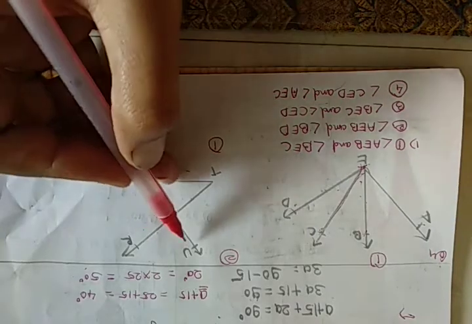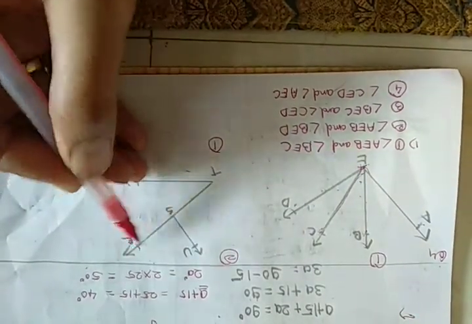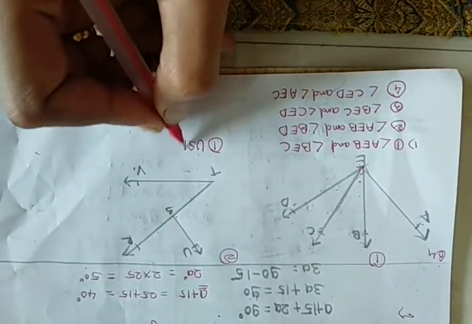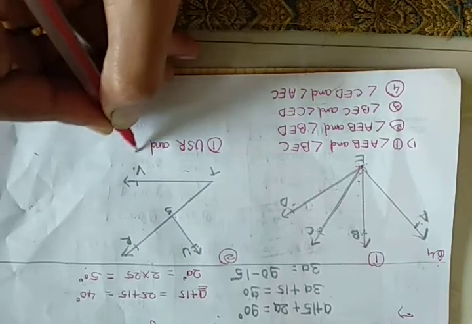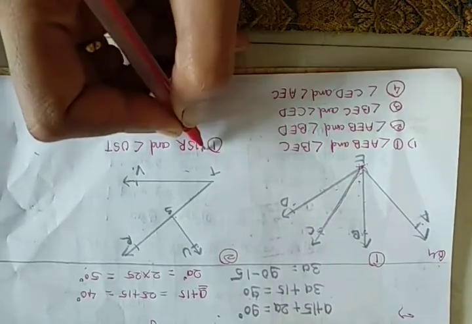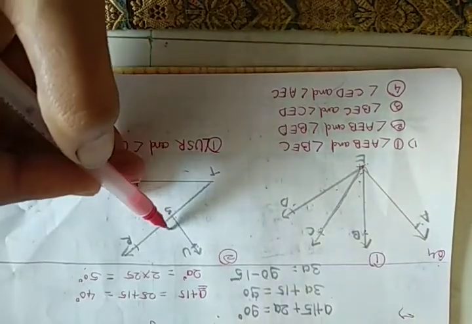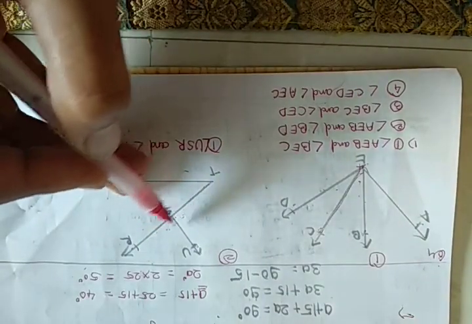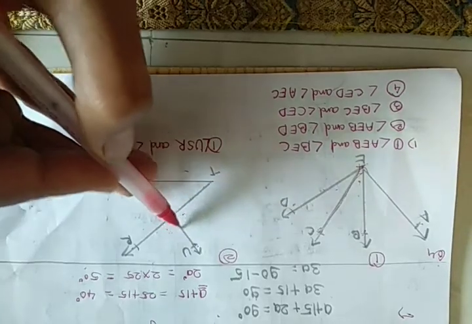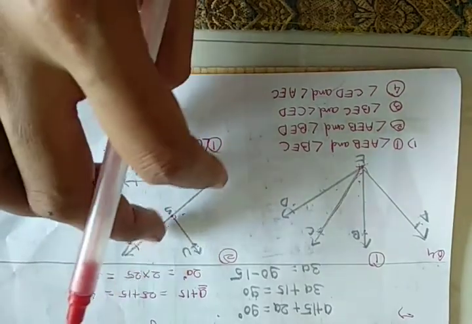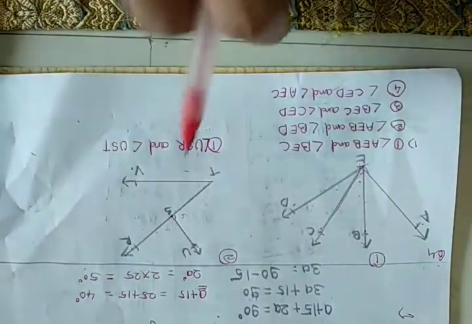See, angle USR and angle UST. USR and UST, these two angles are the adjacent angle because US is a common arm, S is a common vertex, and these two angles have the separate interior.